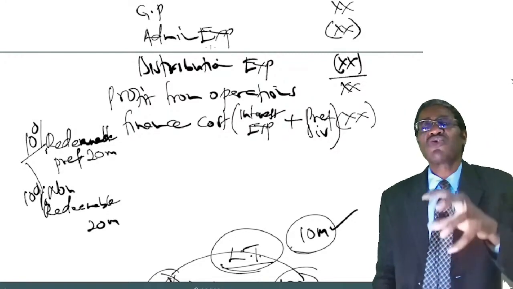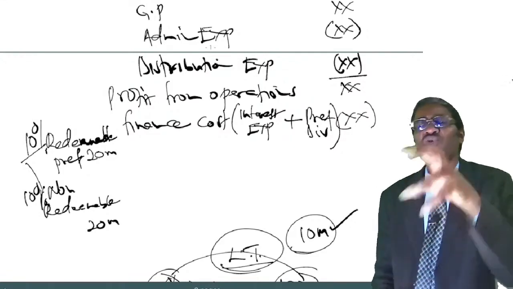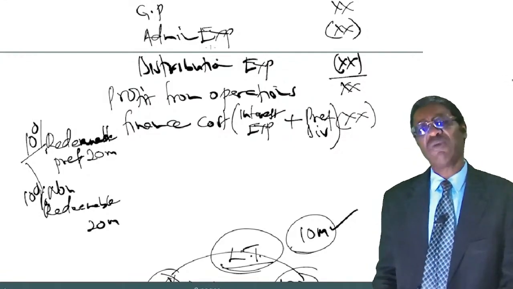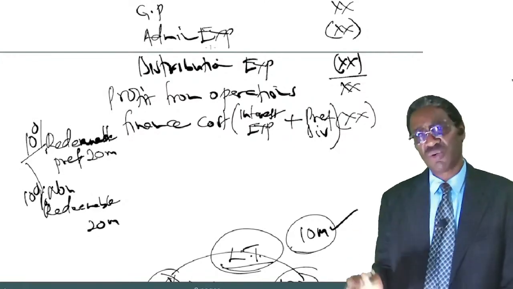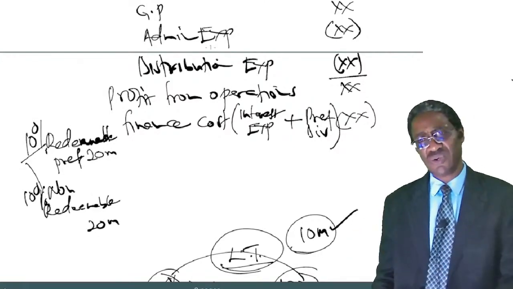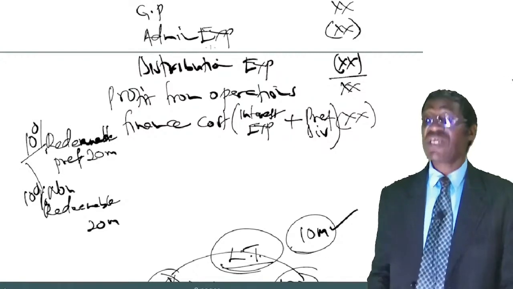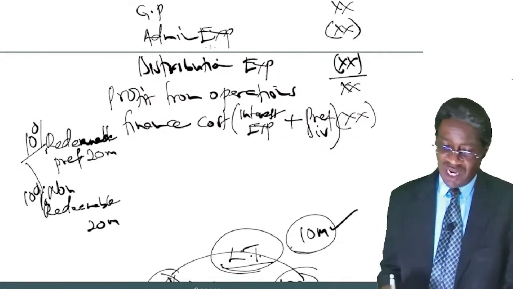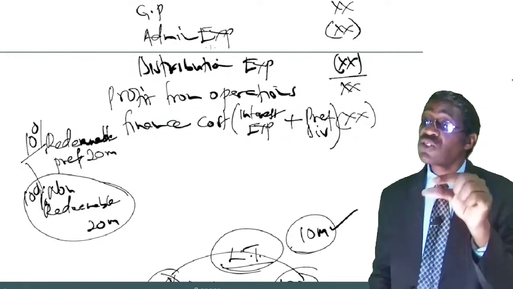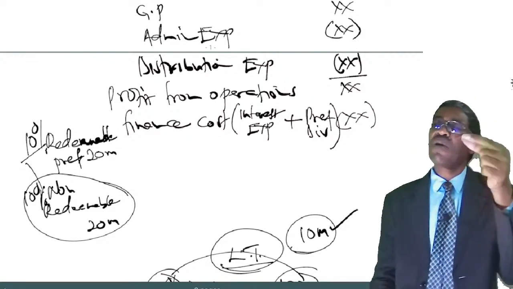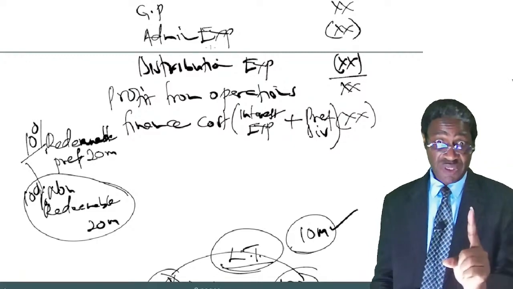Why? Because you have to incur a cost of borrowing. This redeemable is borrowed. You will pay back. So the cost of borrowing should be classified as a finance cost. I also said, if it's non-redeemable, then you consider that dividend as an appropriation of profit.